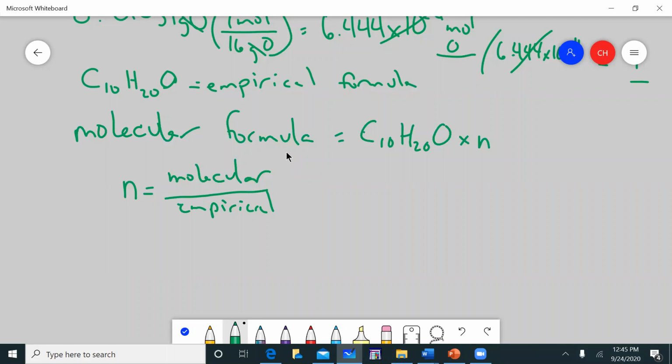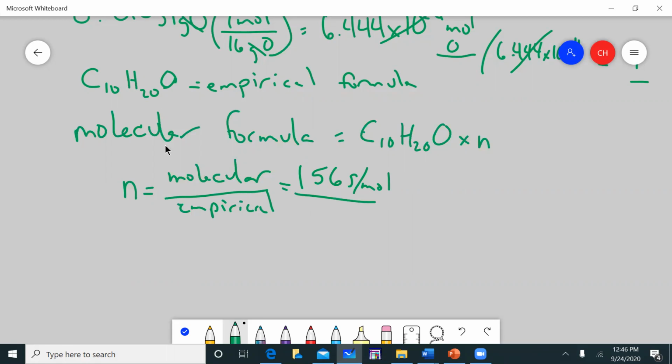Remember, the molecular value on top will always be given to you. So we have 156 grams per mole.